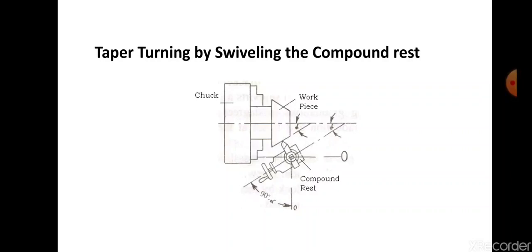From the left hand side to the right hand side, uniform reduction of the diameter has taken place. It will be 20 throughout. That process is called turning.